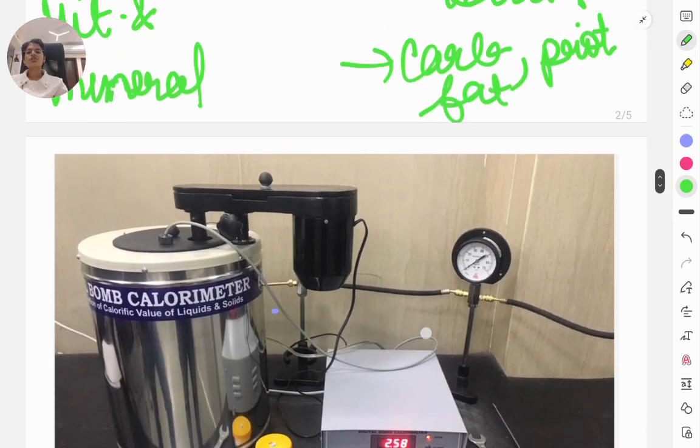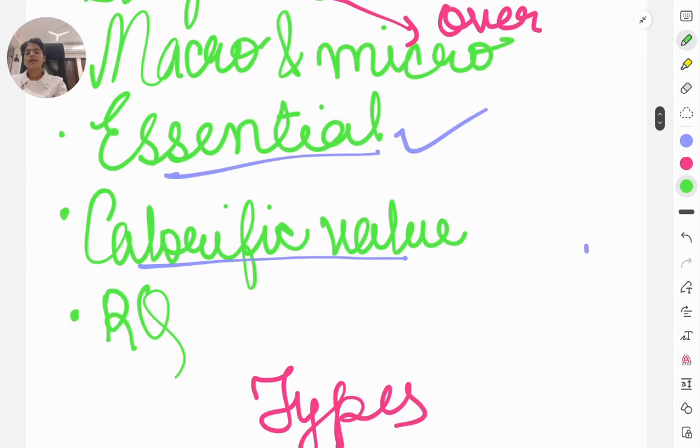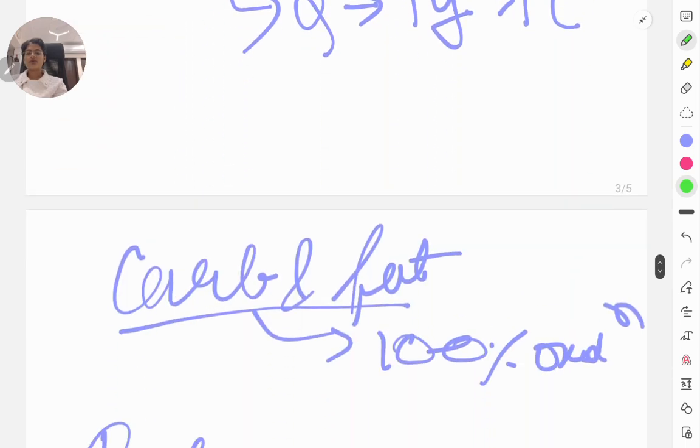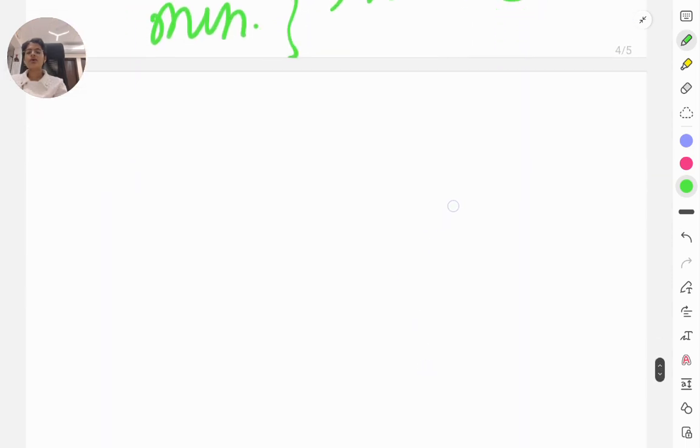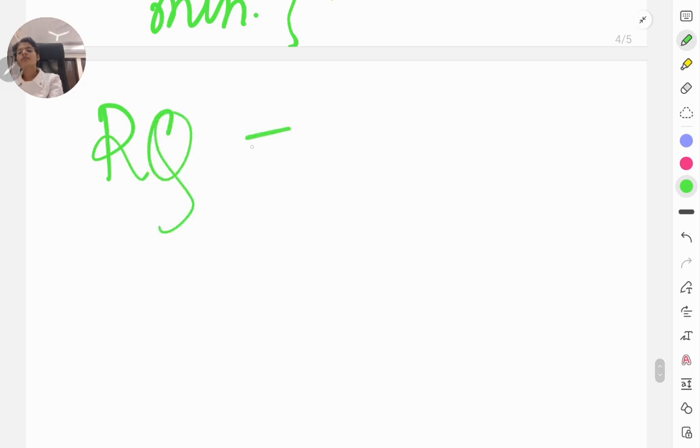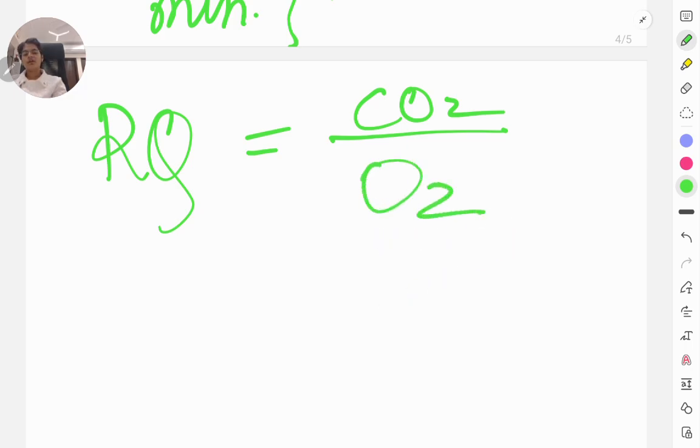The next area of discussion is the respiratory quotient. Respiratory quotient is defined as the amount of carbon dioxide output upon the oxygen volume input. It is just like an exam in which we write how many marks you got out of the total they could have given us: output upon input.